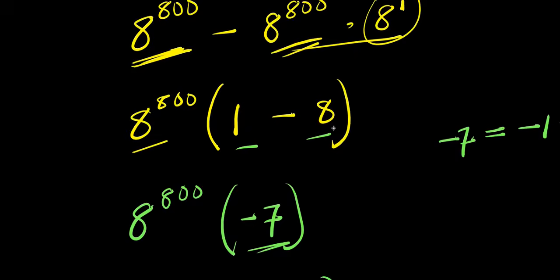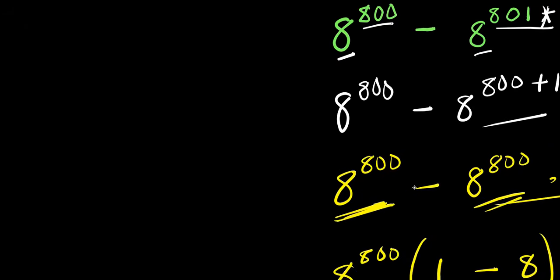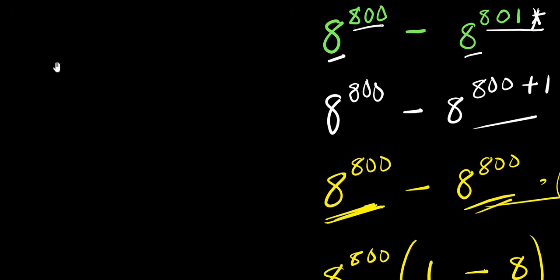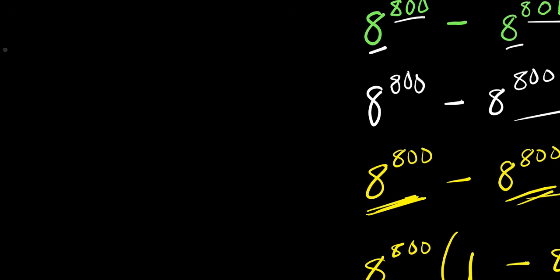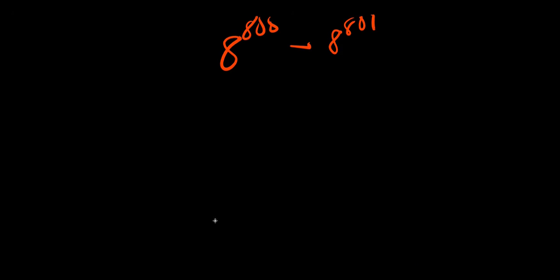So let's do this using a different method as well. So we have 8 power 800 minus 8 power 801. Alright, so what we are going to do will be express this 801 as summation of 800 plus 1, just like what we did earlier.